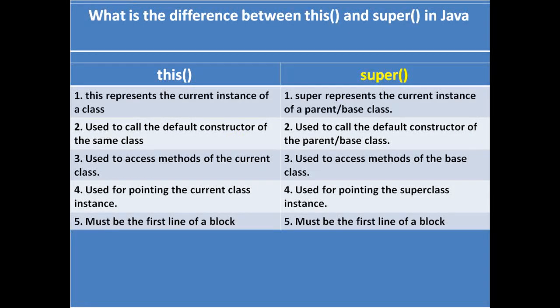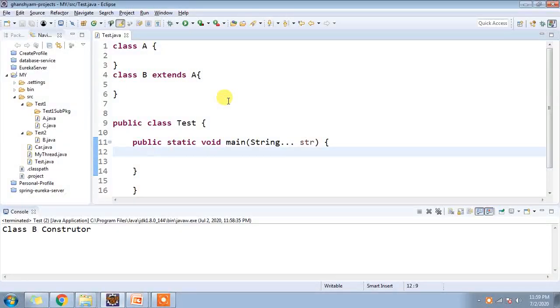Now the next point: accessing a method of the current class. The this keyword is used to access the method of the current class, and super is used to access the method of the base class. Let me show you. Suppose we have two classes, A and B, which extends A. So class B is a child class and class A is a parent class.